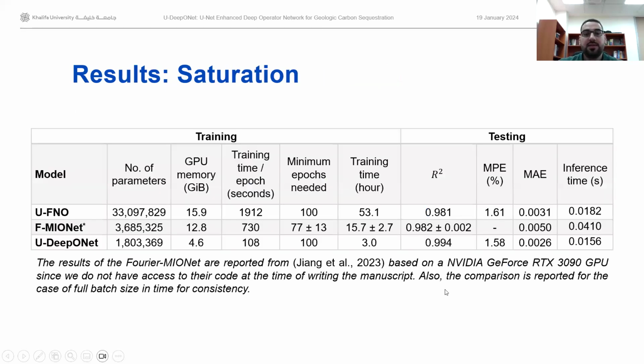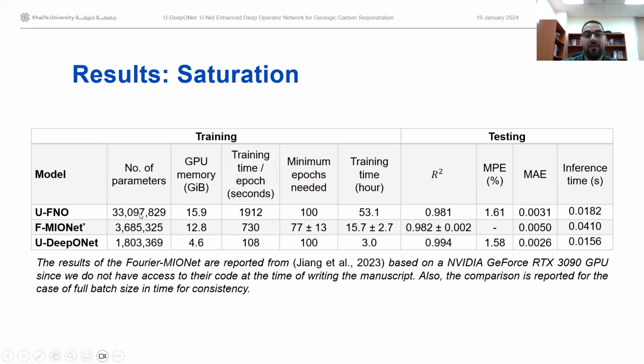Now, let's look at some of the results. Here in this table, we summarize the most important results for the saturation model, and we will compare the UFNO, the Fourier MIONet, and the U-DeepONet. The first thing that I would like to compare is the number of trainable parameters.